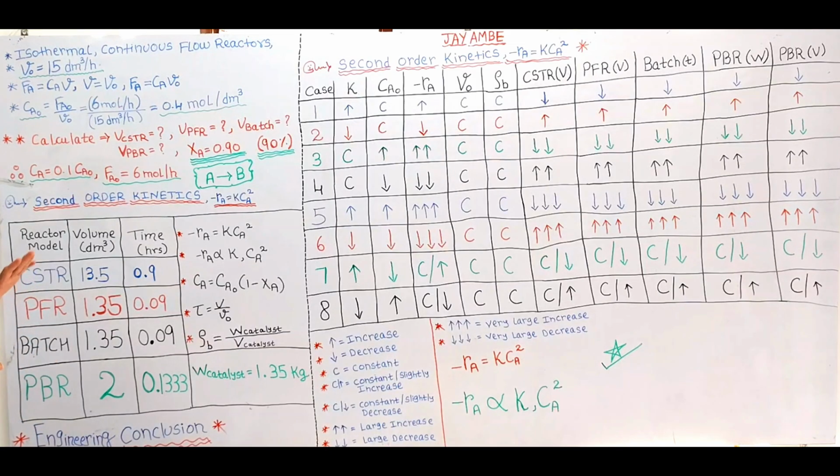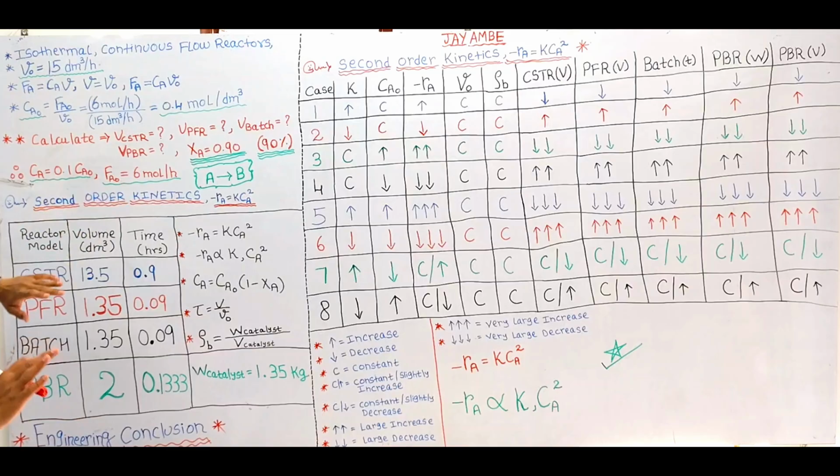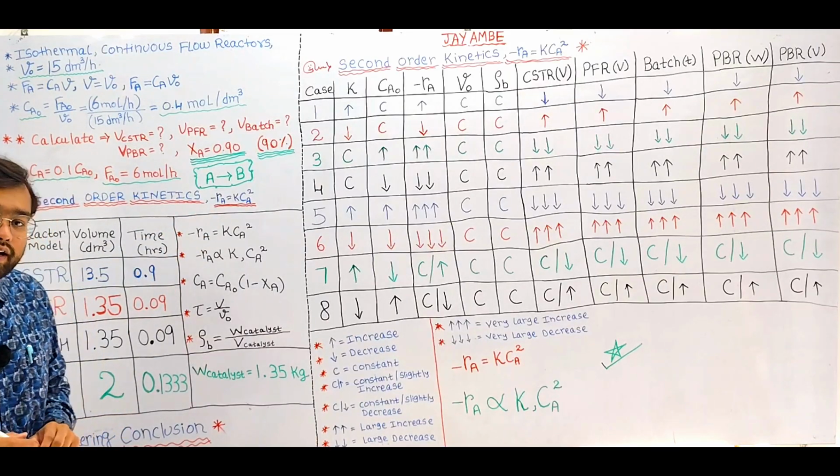So let's say again, we are keeping all the operating parameters constant. Now we are carrying out the reaction in the packed bed reactor. The reaction follows second order reaction kinetics with the given rate law minus RA is equal to K CA square, right?